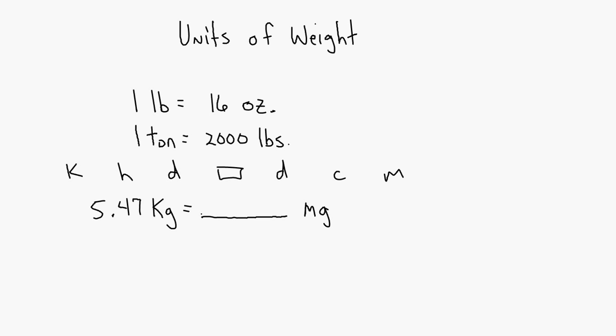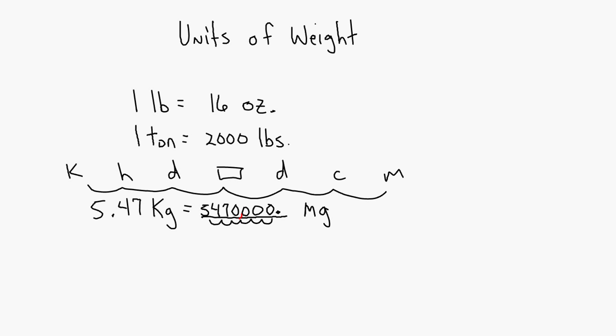So that's 6 places. 1, 2, 3, 4, 5, 6 places right there. Commas every 3 going back. Alright? So use the table to count your decimal places.